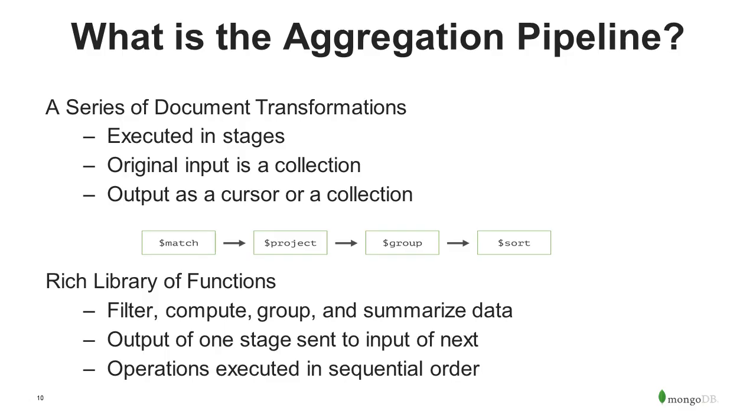So the output of a $match becomes the input to a $project, the output of the project, the input to the $group, and so on. Keeping this in mind, it's very easy to build complicated aggregations by just concentrating on each stage and looking at the input and output of each stage, and then stringing these together to do very complicated things. And we'll look at some techniques that you can use on the development side as we get into more examples here.